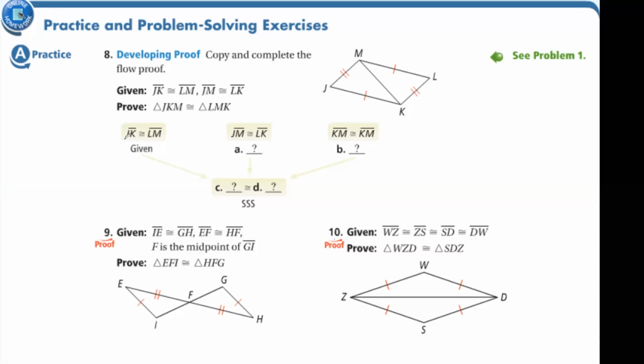Here, he told me that in this triangle, JK, where's JK? This one is congruent to LM, and JM is congruent to LK. What did you have to write in number A?